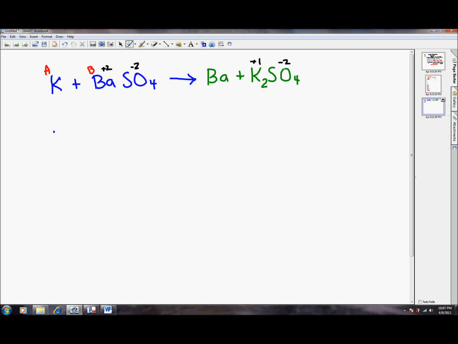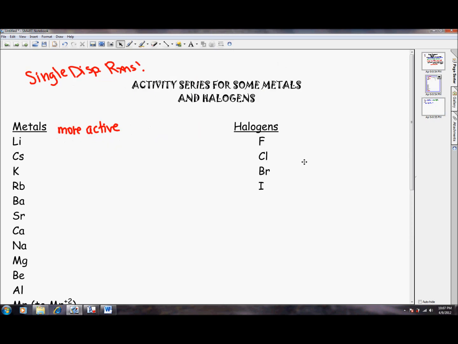Okay, let's look at a couple more examples. Pb plus AgNO3. So lead will be our metal A, and silver will be our metal B. Let's go to the activity series and compare the positions of lead and silver.